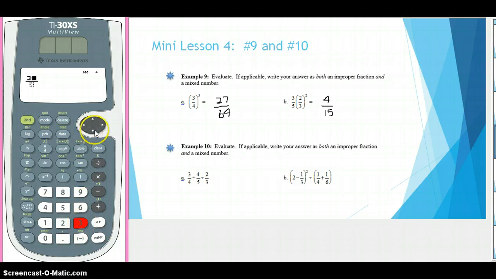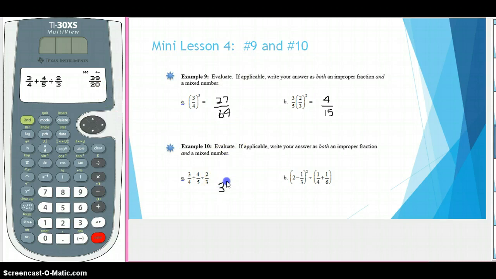That was supposed to be 3/4 plus another fraction, 4/5 divided by another fraction, 2/3. Now I'll hit enter, and we have 39/20.